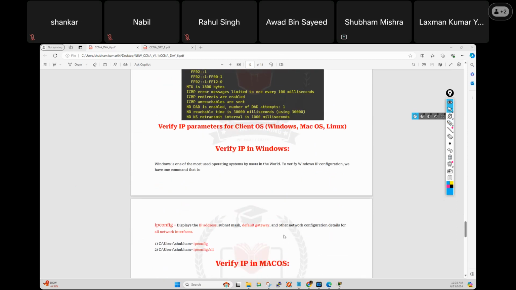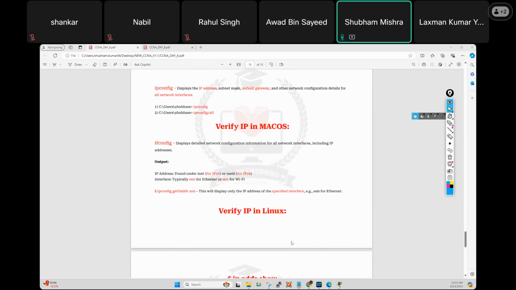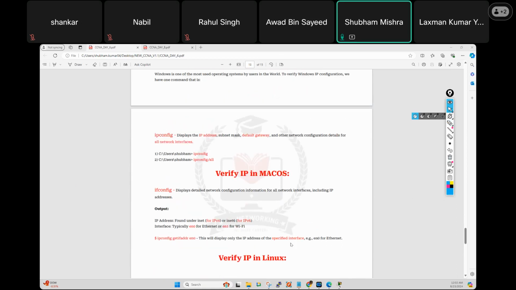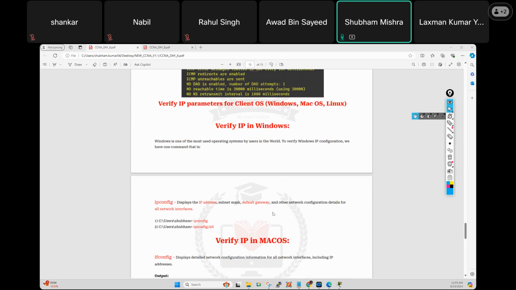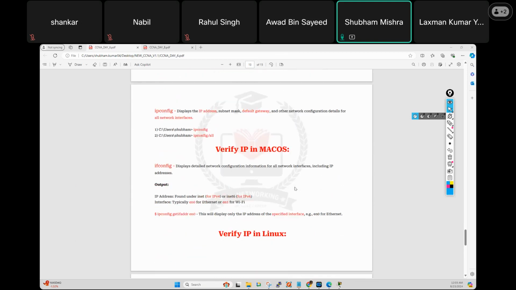And these are the basic things. How can you check the IP address on a Windows device, Mac device, or Linux? I already wrote it, you can read and understand. Nowadays the maximum number of users are using Windows devices. So if I want to check the IP address, what is the command? ipconfig.